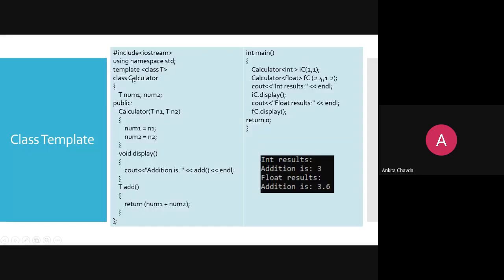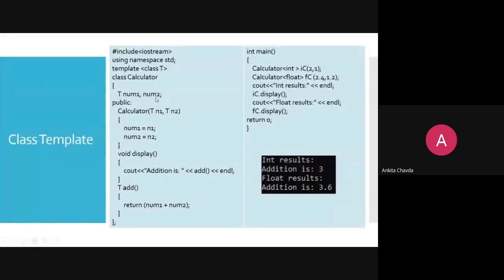So this is the example. If you have one class, a calculator, and you make it integer, say integer number one and number two, now all your variables deal with only integer variables. It cannot work with float. If you wish, you have to make another class and so on. This was the disadvantage.